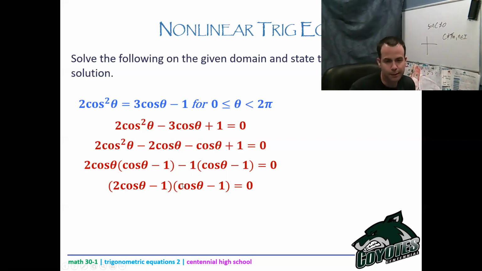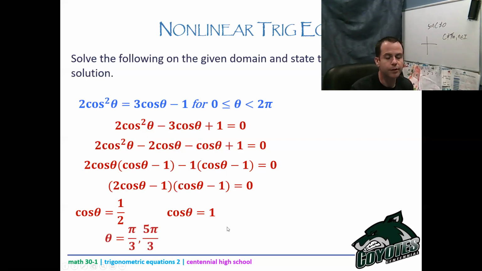So I have two little statements to make now. The first would be cos theta equals 1/2, and the second would be cos theta equals 1. Well, where does cos theta equal 1/2? I'm at pi/3 on my unit circle, and I'm in quadrant 1, and I'm in quadrant 4, so that'd be pi/3 and 5 pi/3. Where does cos theta equal 1?